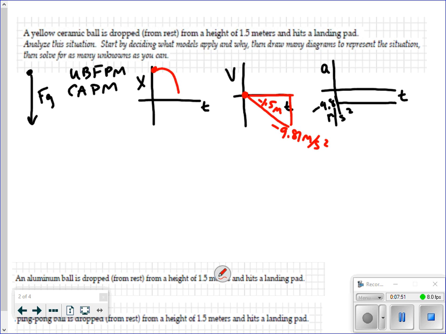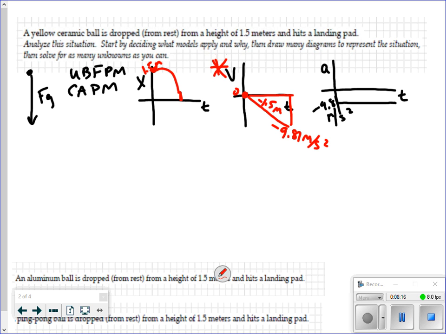Now, where you stop that, I don't really care because we don't have enough information. I suppose we could go down to the 0, right? If we say that this is 1.5 meters, we could do that. All right, but it should be curved, and it should get steeper as you go. Okay, but this is the graph that we do our math with. So that's the one we're going to focus on, right?